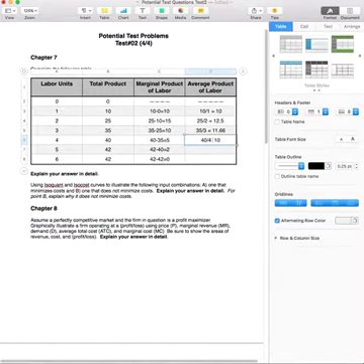Make sure I put the equal sign in there. 42 divided by 5, which is equal to 8.4. I should have been able to calculate that in my head.